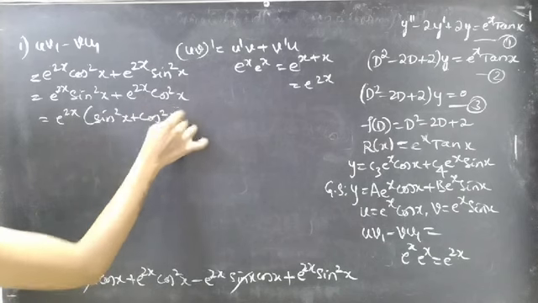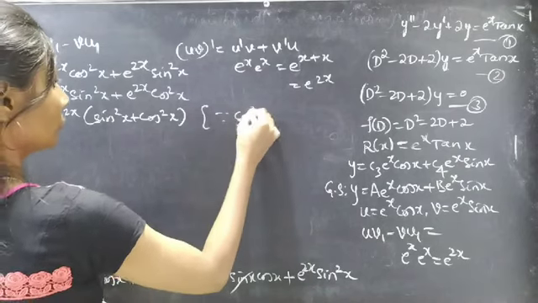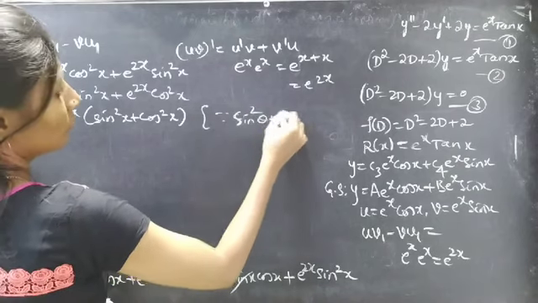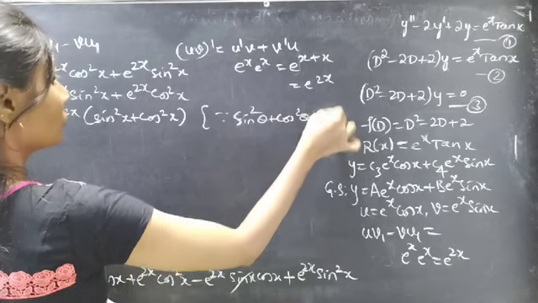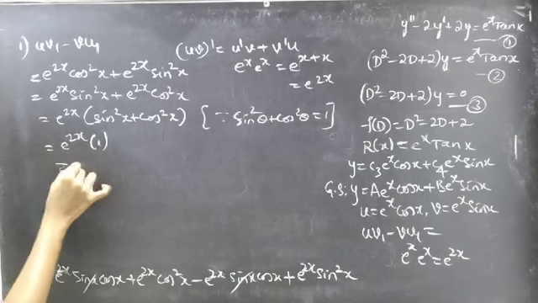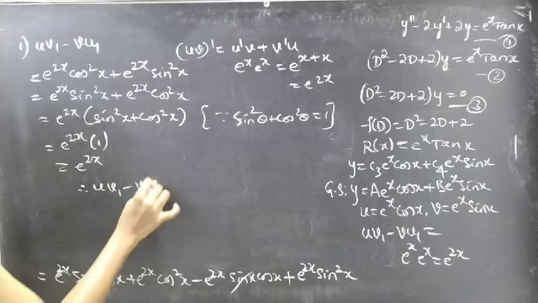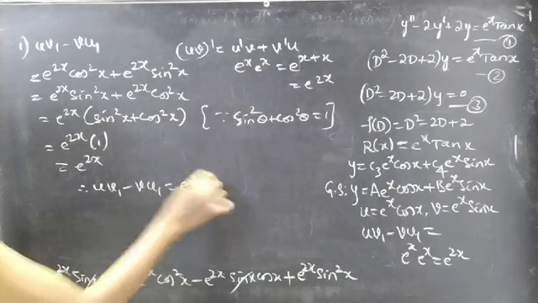Since sin square theta plus cos square theta equals 1, we can apply it here, which gives us e power 2x. Therefore, UV1 minus VU1 equals e power 2x.